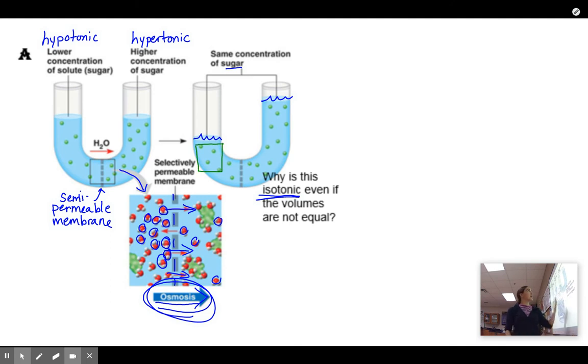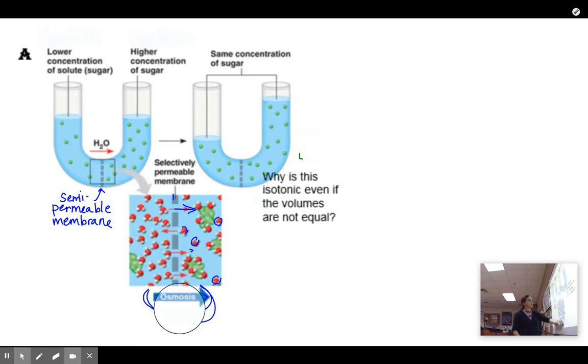We'll see how well this works. Right now, in that much volume of liquid, there are 4 of those green dots. If we move it over here, we've still got about 4 dots in there. If we move it over here, we've still got about 4 dots in there. So these dots are evenly spread out. You have the same number per unit volume. So this is isotonic. Even though they're different volumes, the concentration is still equal.